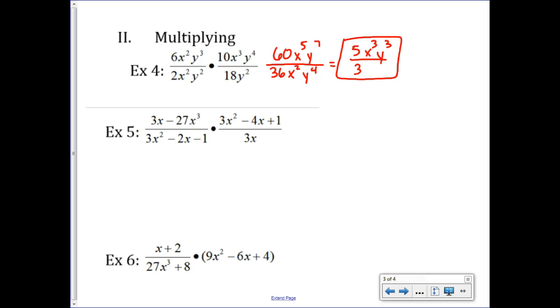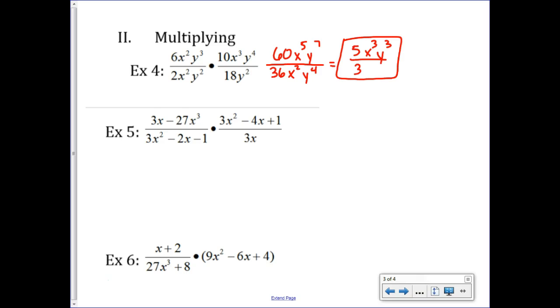Okay, but looking at this one, I think it's probably easiest to go ahead and split out anything I can before I try to simplify anything out. So let's see what things we can take out before we multiply it back together.